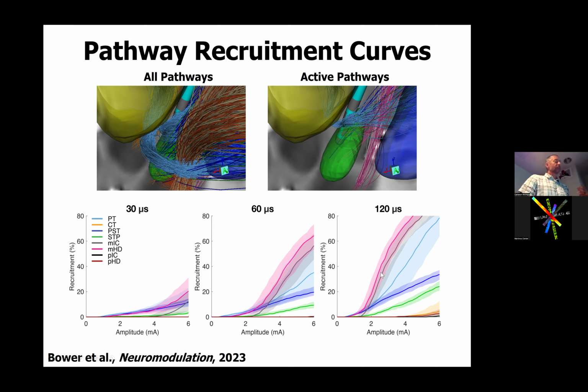One thing that is very consistent in all of these simulations is that the hyperdirect pathway here in pink is almost always the most robustly activated pathway. Whether or not it's the only thing that matters is a different kind of question. But there's no doubt that if you're stimulating the subthalamic nucleus, it's almost impossible not to stimulate this pathway.